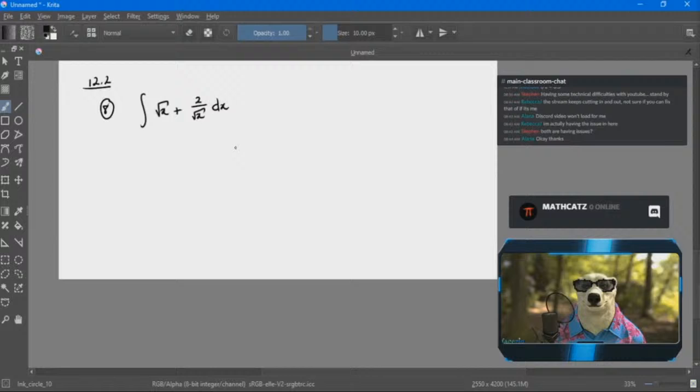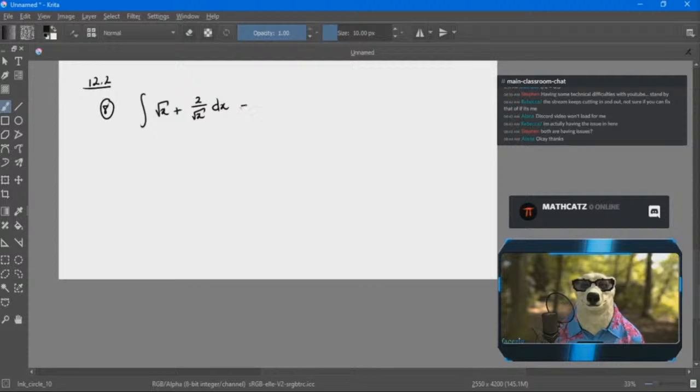So I see people in tests being a little bit too sloppy, writing an integral symbol and not closing the bracket, or not having an integral symbol but having the x's there. Later on, we're going to do a little shortcut like that, but for now, think of it as brackets, a container for my given function.